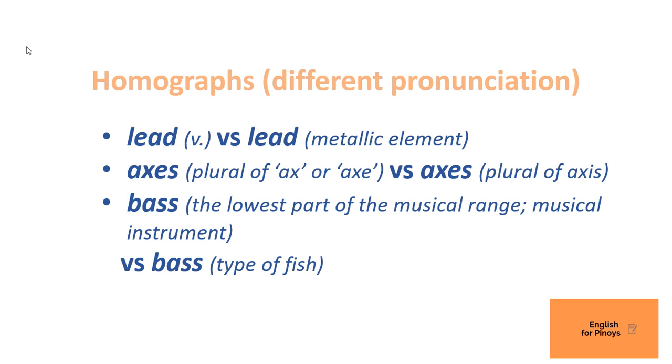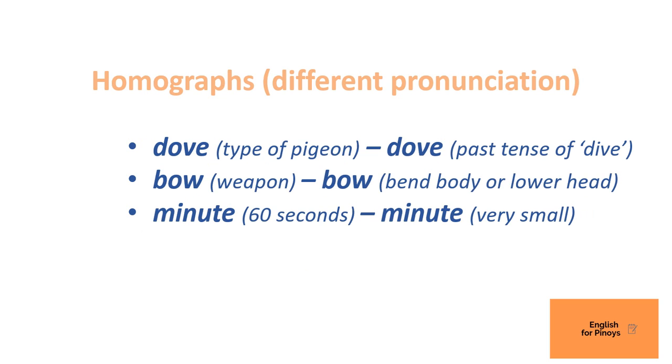All right, so that's bass versus bass. Let's have more examples. Homographs with different pronunciation. So you have the word dove, meaning it's a type of pigeon, and then you have dove, which is the past tense of dive. Okay, again dove, and then dove as a past tense of dive.